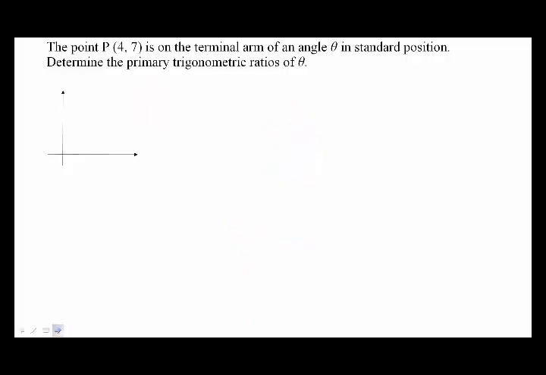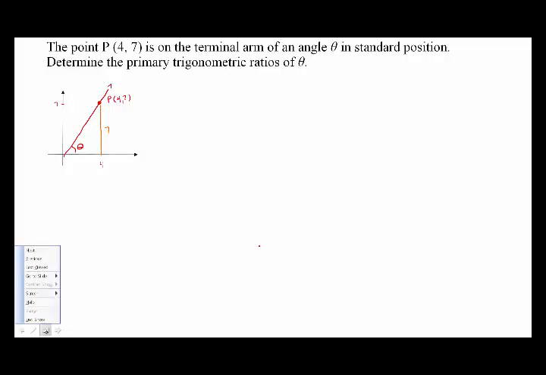Same thing, exactly. So there's my 4, 7. It's a little bit high up. There we go. P, 4 comma 7. Determine the primary trig ratios. So we drop down.